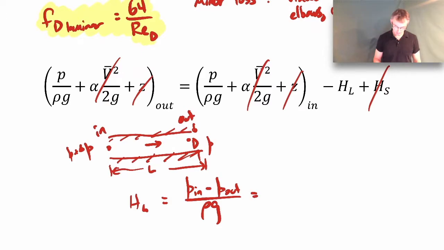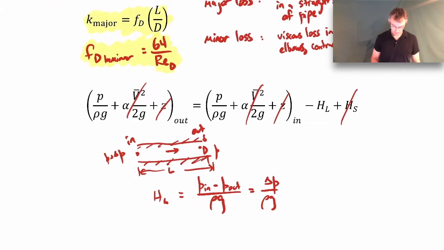If you look at this, P in has an extra delta P, right? P in minus P out will just be delta P over rho G. So our head loss is just related to the change in pressure for this particular case.